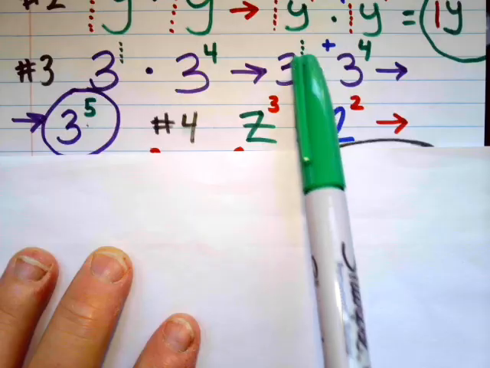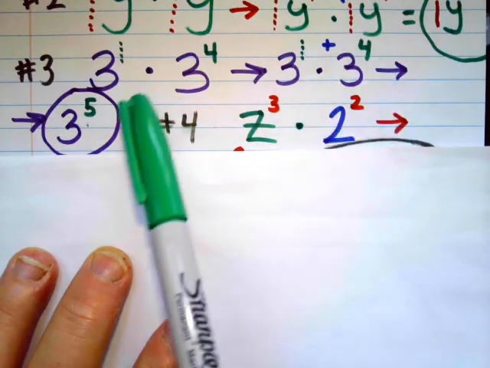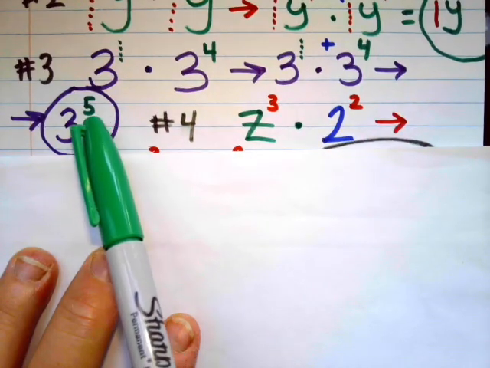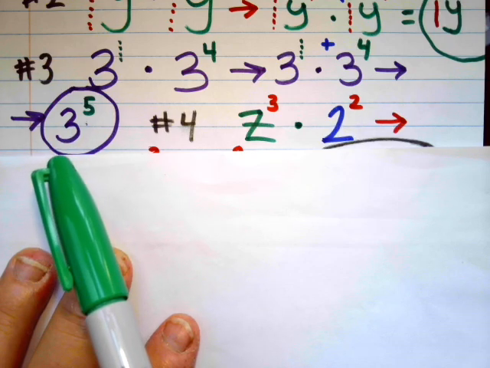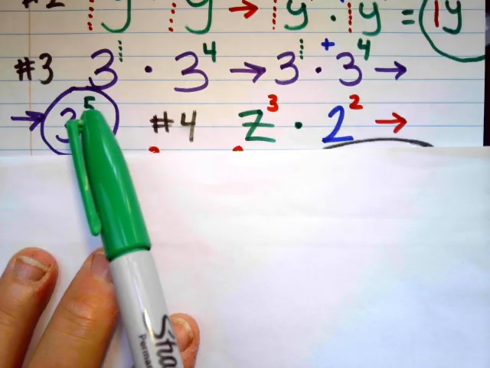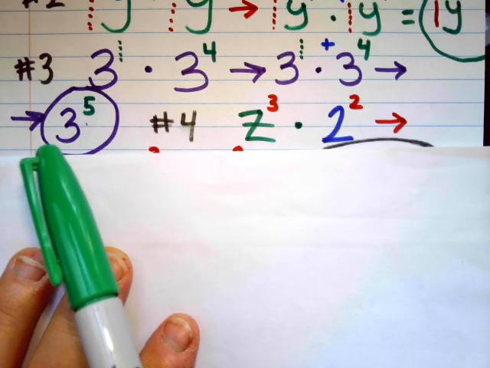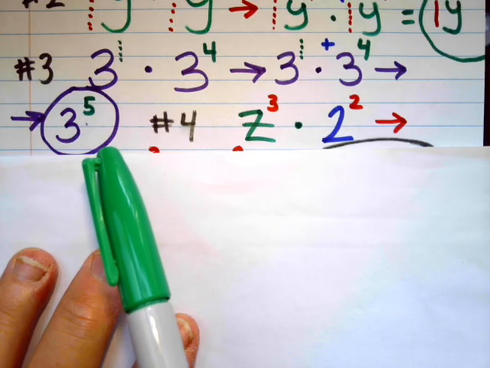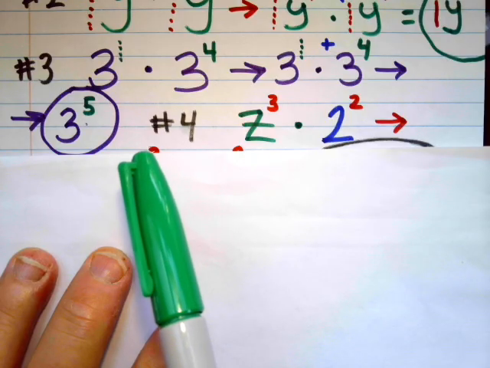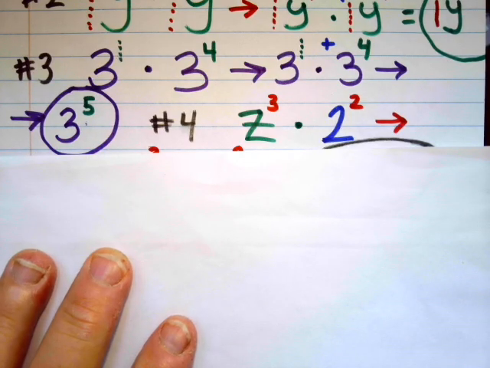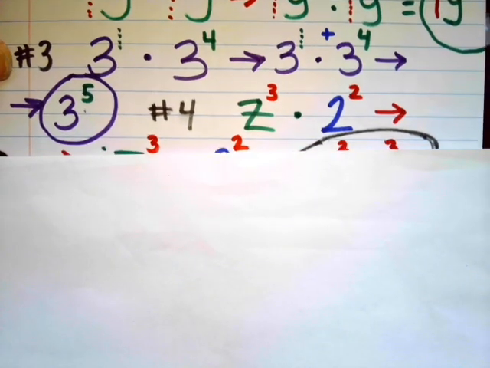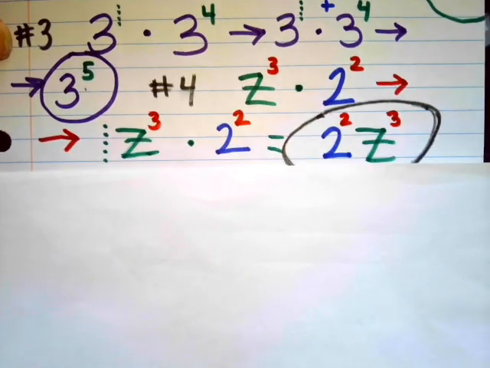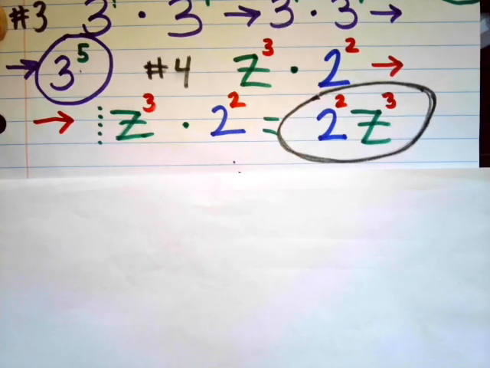And then the rule is when you multiply with exponents, 1 plus 4 is 5. So 3 to the 5th power. And if you wanted to simplify this further, you would multiply 3 times itself 5 times. So 3 times 3 times 3 times 3 times 3 equals 3 to the 5th power. Hopefully that helps out in further understanding the rules for multiplying with exponents.